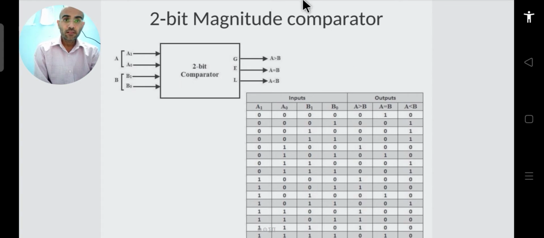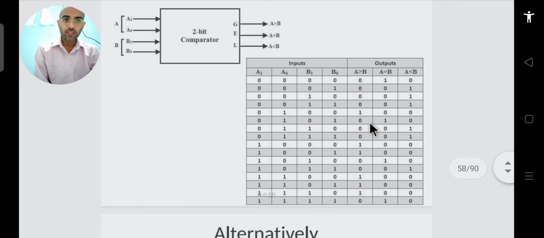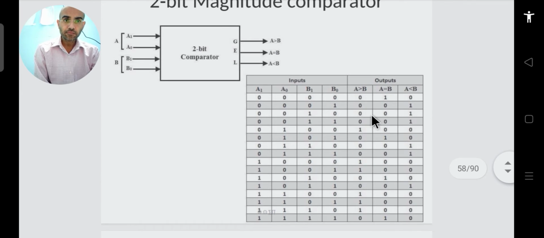Okay. Now for these cases, you can check the truth table. Again the truth table will be the same. In the earlier case we wrote it for 1 bit, now we will write it for 2 bits. That is the only difference. So you see A1 and A0 are both 0, and B1 and B0 are both 0. This is the case when the two numbers are equal to each other. So you see, you have marked 1 in this column.